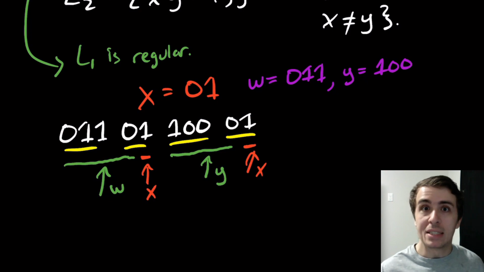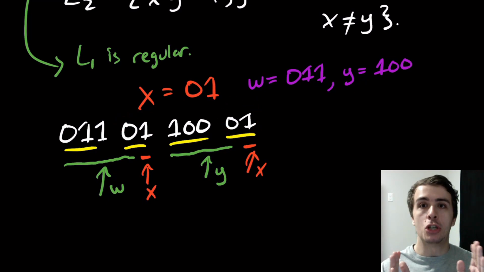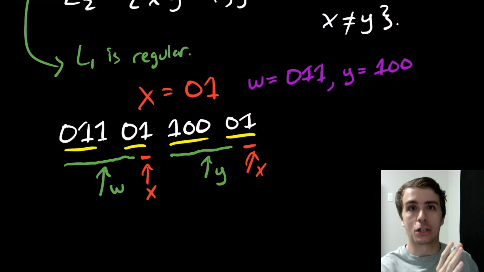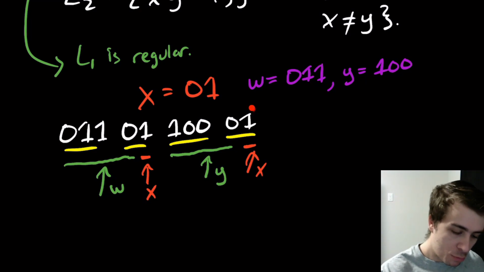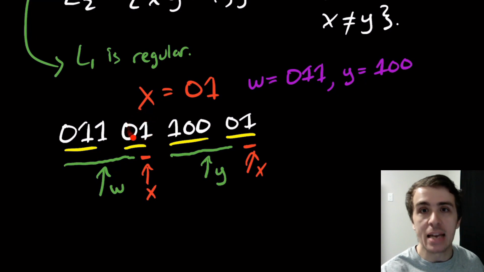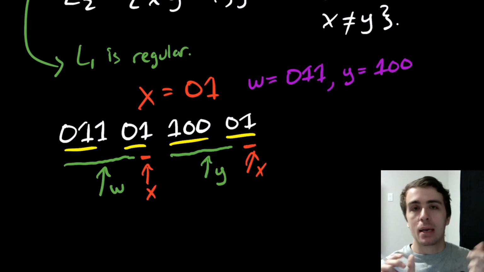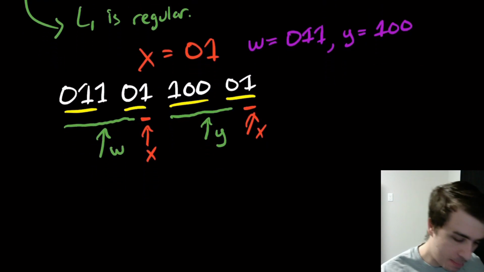And why is this significant? Well, notice that if we had the same string in both cases, I can, without loss of generality, change the meaning of X to be the last character of both. So what this really boils down to is, if a string ends with a 1 in it, then it must contain a 1 somewhere else, because for everything else in the string, I just define the part before that first 1 to be the W part and the part in between to be the Y part.